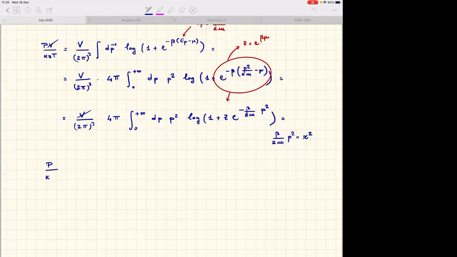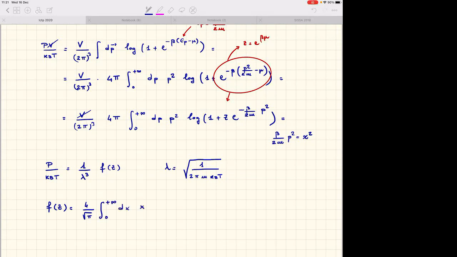So P over kBT equals 1 over lambda cubed times f of z, where lambda is the square root of 1 over 2 pi m kBT, and f of z is equal to 4 over square root of pi, integral between 0 and plus infinity dx x squared log of 1 plus z e to the minus x squared.